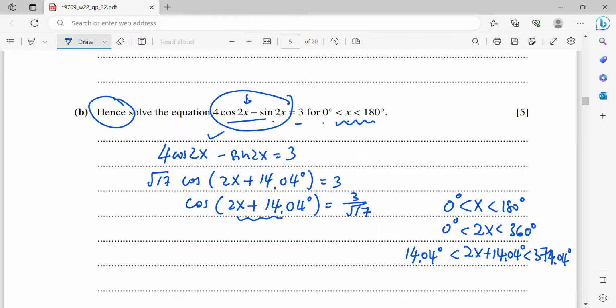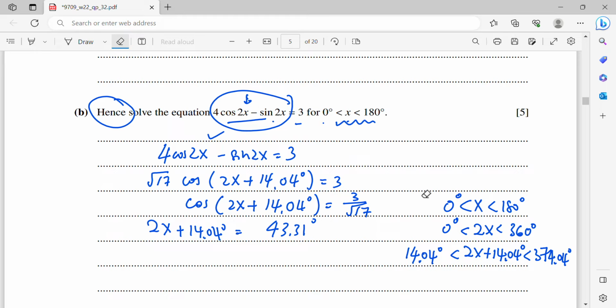Now get the basic angle from the calculator. So 2x plus 14.04 degrees is the inverse cos of 3 over square root 17. So the basic angle is basically 43.31 degrees.